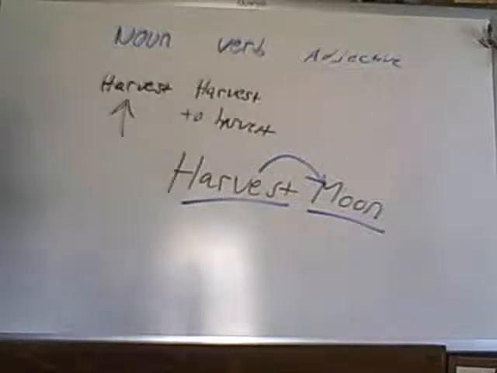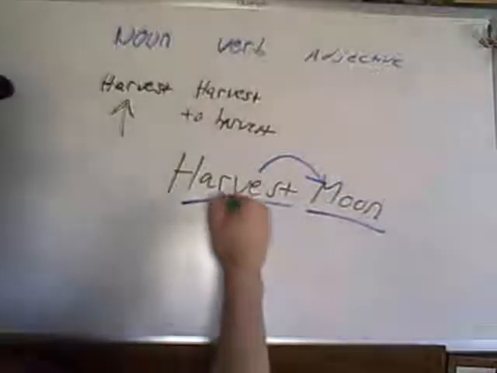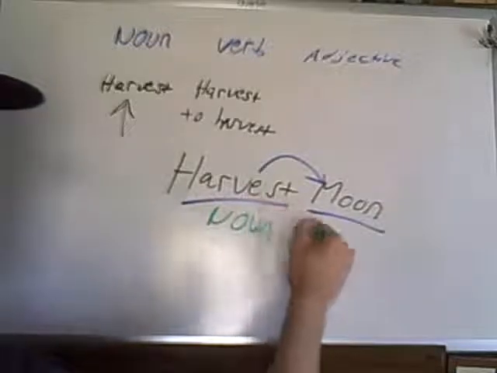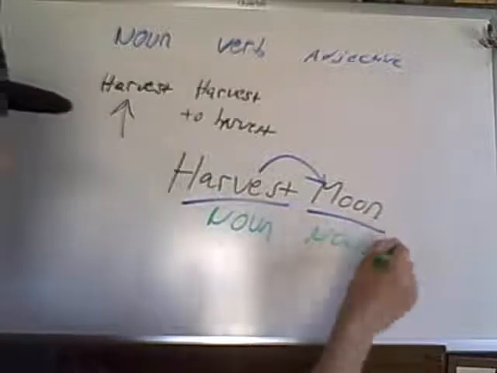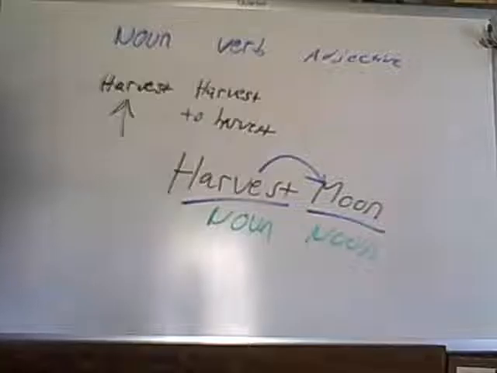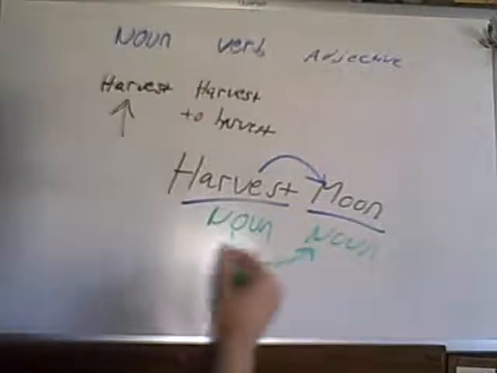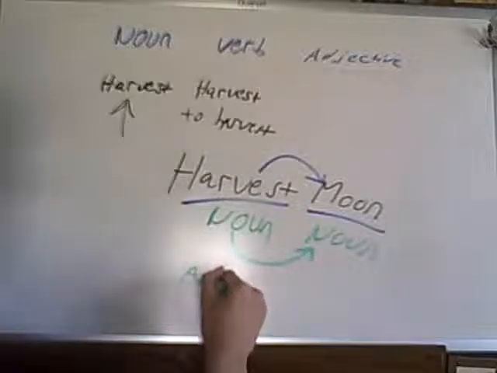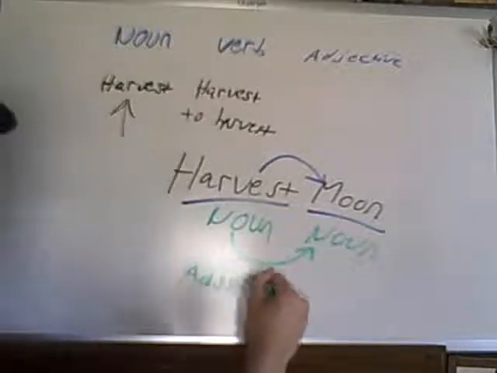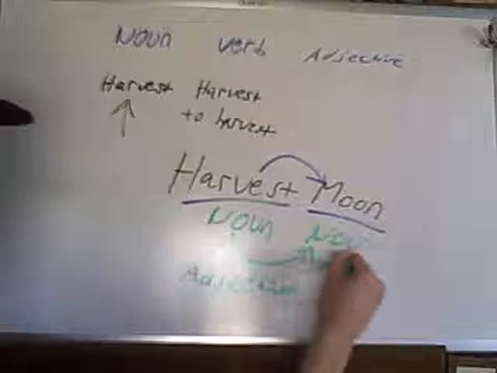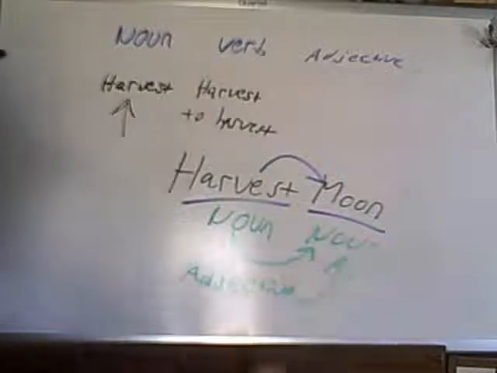But when we look at both of these words, harvest is a noun, moon is a noun. That's because in English, a noun can modify another noun, just like an adjective can modify a noun. Alright?